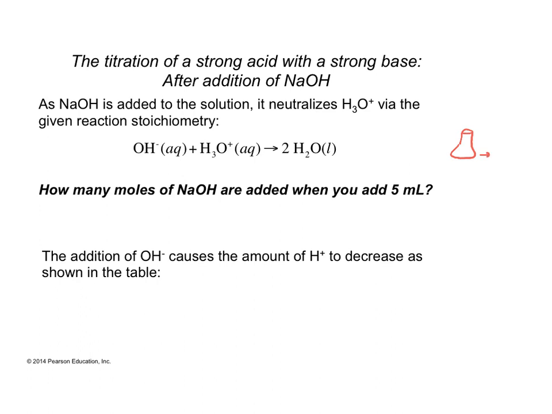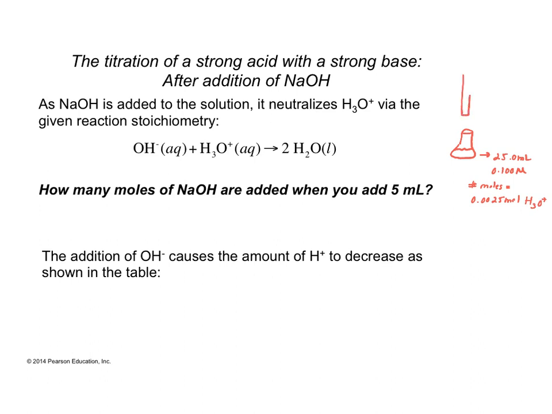We know that the HCl had a volume of 25 milliliters and a concentration of 0.1 molar. We've also already calculated the number of moles when we calculated the equivalence point. This ended up being 0.0025 moles of our H3O plus, our HCl. Again, this is initially.